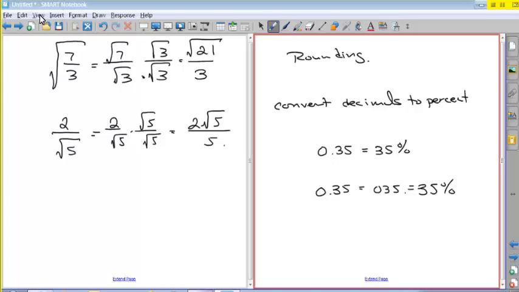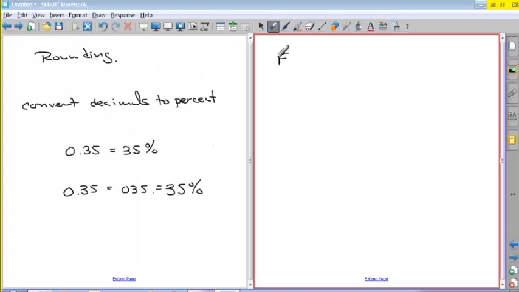Then we have fractions to percent. So you just have one extra step. You have to convert a fraction to a decimal. So you'll use your calculator for that. So here's a fraction, plug it in your calculator. Don't do all the digits. Maybe do 2 or 3.